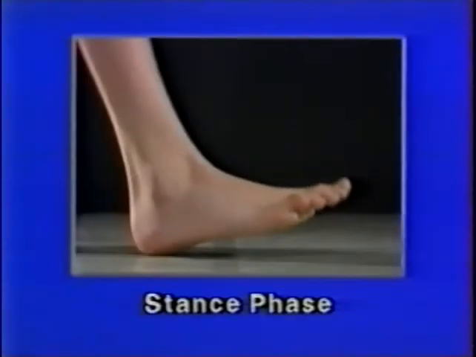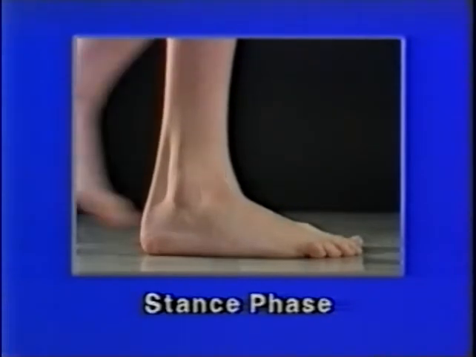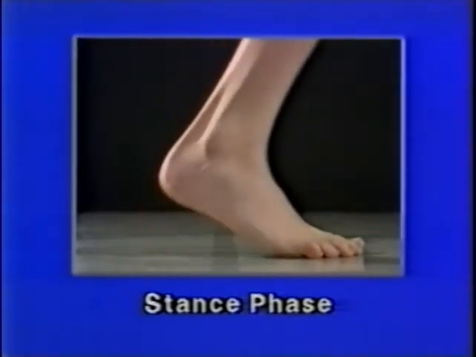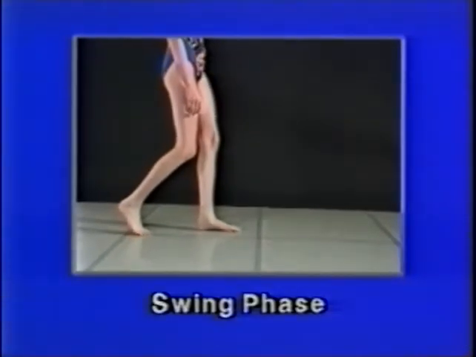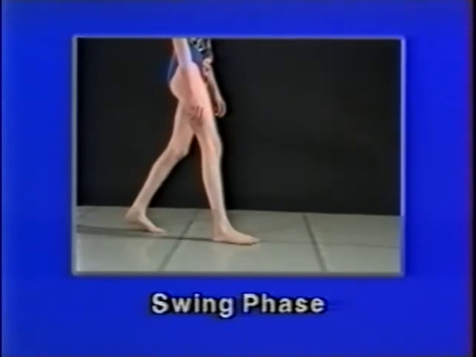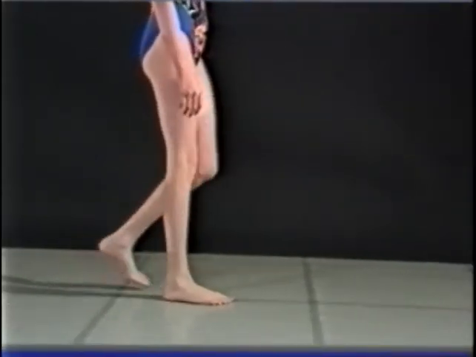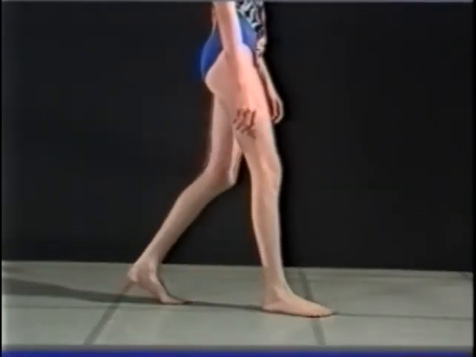Stance phase begins with initial contact, which in normal gait is with the heel, and ends at toe-off, when swing phase begins. Swing phase is defined as the period of time from toe-off until the foot hits the ground again. Each of these events in the gait cycle is defined sequentially as occurring at specific percentages of the cycle.